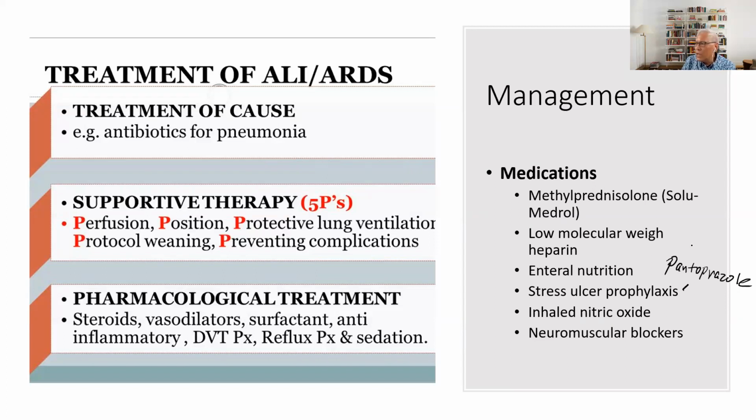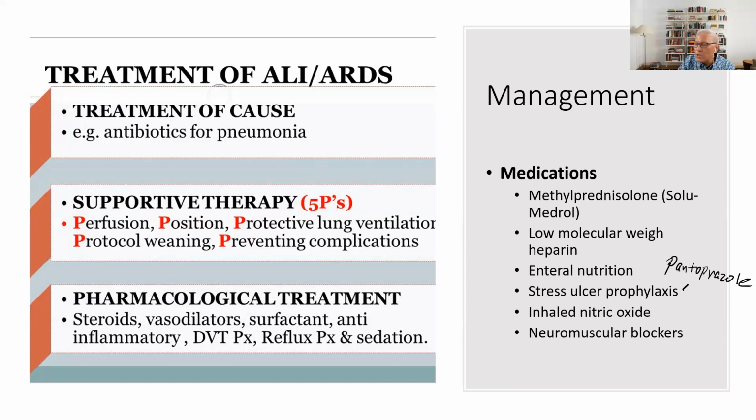Right, of course, antibiotics as well as inhaled nitric oxide. You remember the function of nitric oxide. When you give nitric oxide, this is going to cause arterial vasodilation in the pulmonary tract, and therefore it could improve perfusion in ventilated areas.